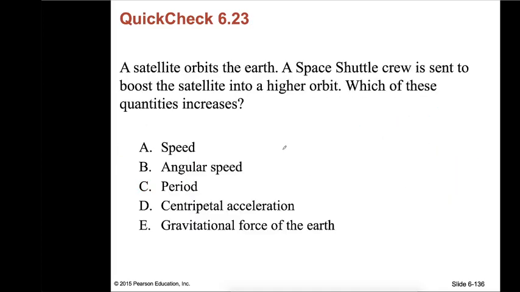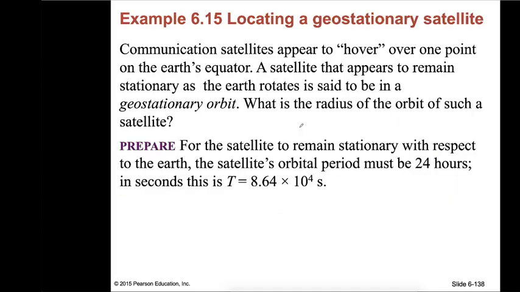Okay, so there are some quick questions. You can read it and think about the answer. A communication satellite appears to hover over one point on the Earth's equator. A satellite that appears to remain stationary as the Earth rotates is said to be in a geostationary orbit.